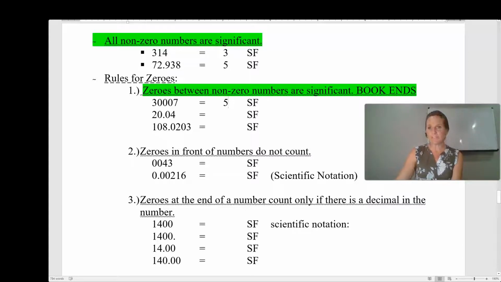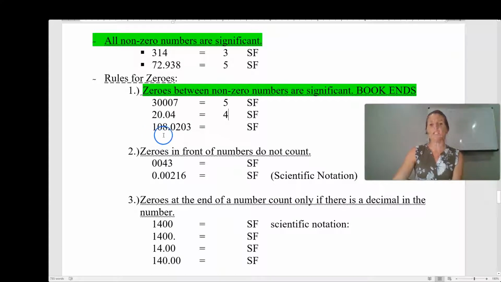Similarly, even if there's a decimal place, a number like 2004 would have 4 significant figures because the zeros between non-zeros are still bookended by non-zero integers, and so they are significant.